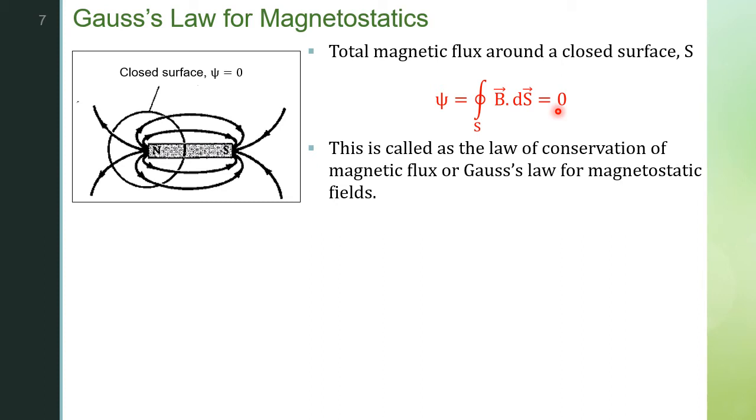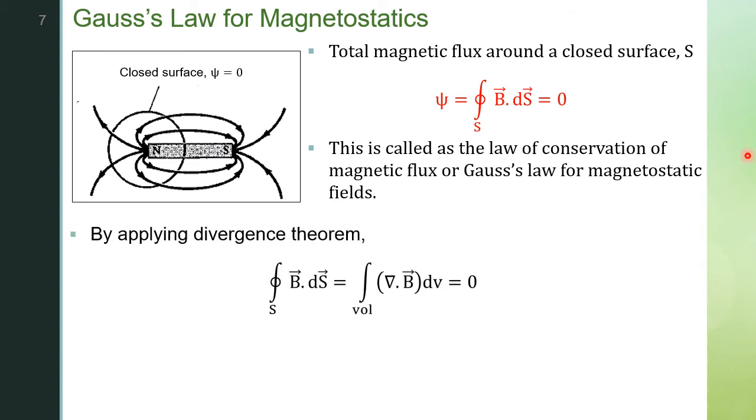So this is called the law of conservation of magnetic flux. That is, whatever flux is coming out is also coming in, and hence the net magnetic flux is equal to zero. When you consider this equation, if we apply the divergence theorem, the closed surface integral will be equal to the integral over volume of the divergence of the magnetic flux density.